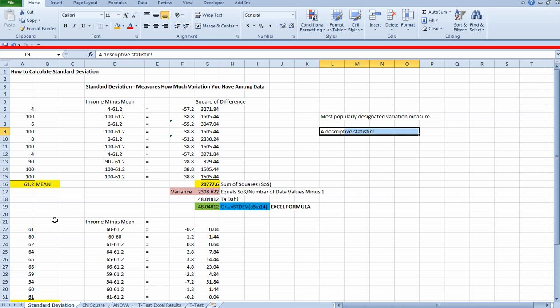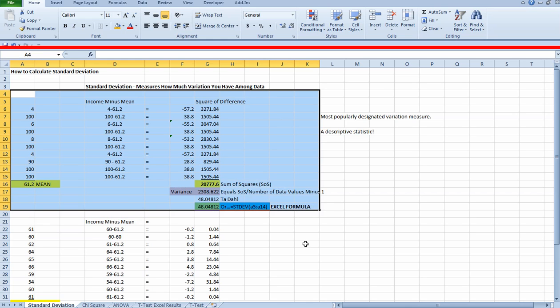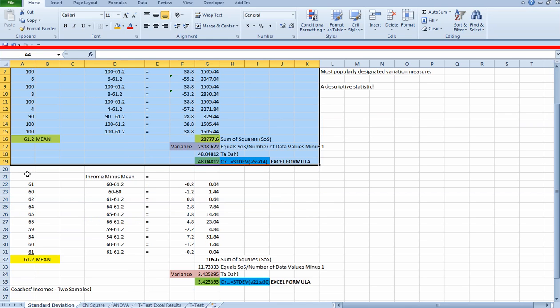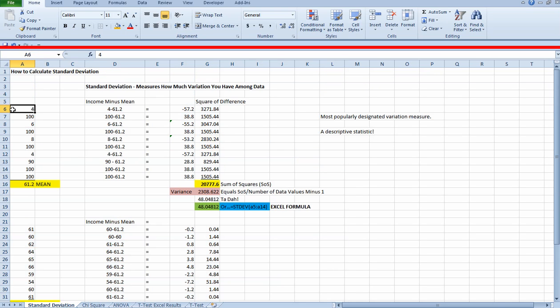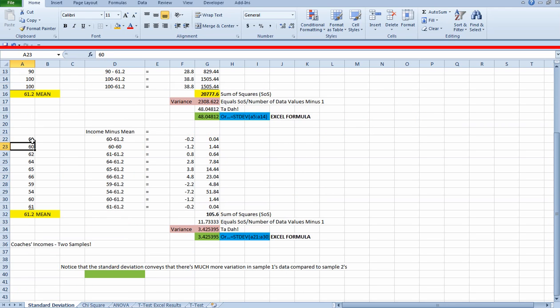I'm going to show you how to do it twice. One set of data we'll be looking at is right here. The second set is below it. You can see that there are 1, 2, 3, 4, 5, 6, 7, 8, 9, 10 in one, and 1, 2, 3, 4, 5, 6, 7, 8, 9, 10 in the other.